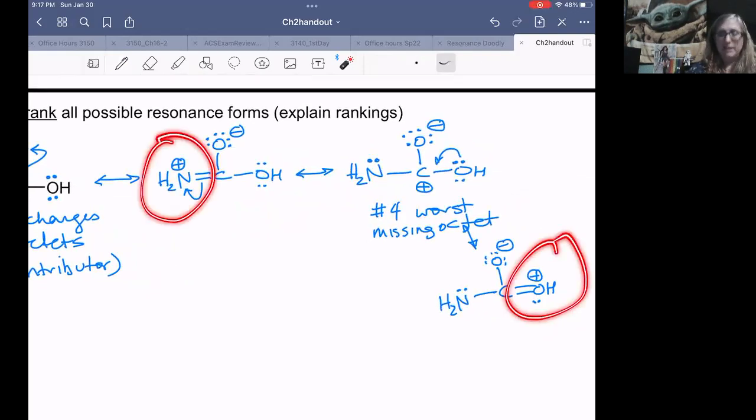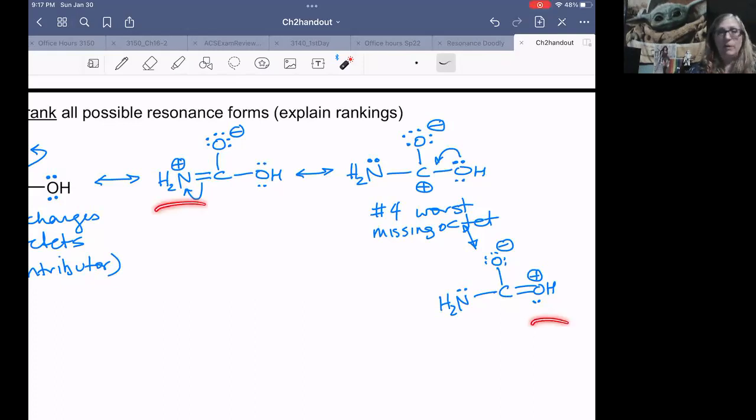So if I'm a positive charge, do I prefer to be on a nitrogen or an oxygen? Where would a positive charge be more stable? Remember, a negative charge would want the more electronegative atom, oxygen. So a positive charge wants the less electronegative atom. So that is this one. This is our number 2.